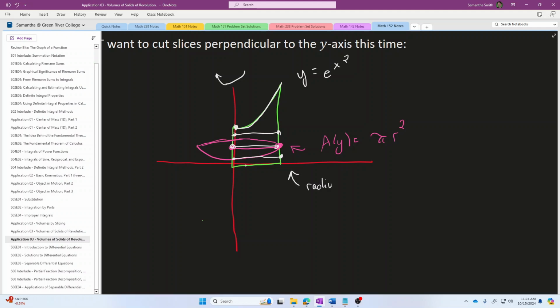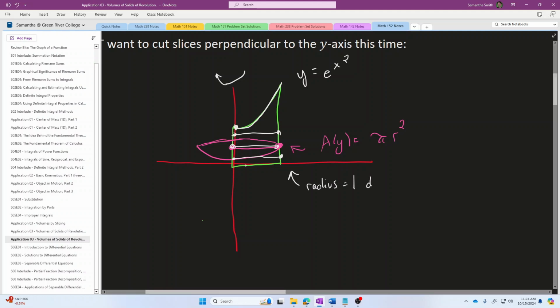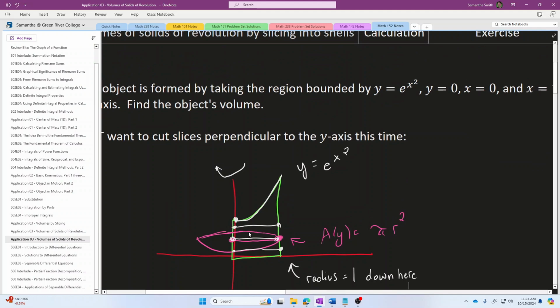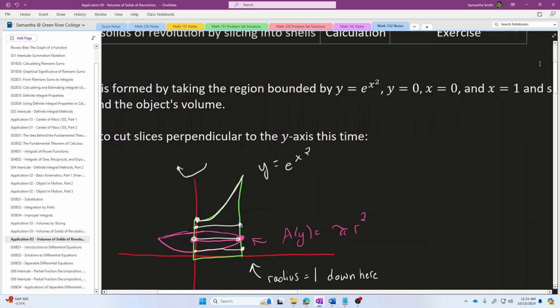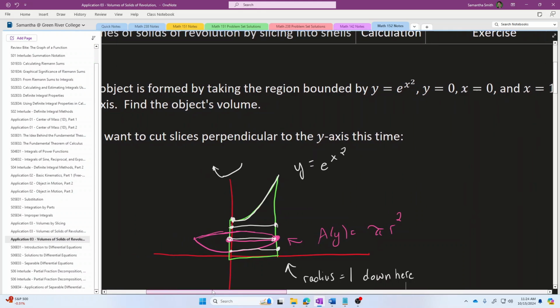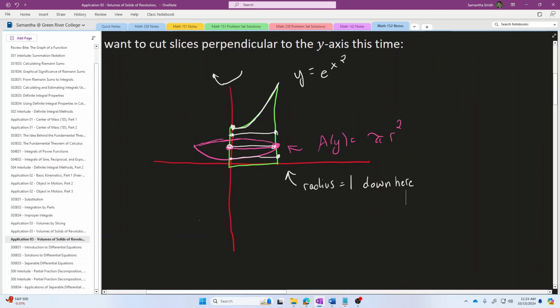The radius equals 1 down here. That's because for all of these slices taken toward the bottom of the region, the slice extends from the center of the picture, the central axis, over to this value here of x equals 1. And so the length of that segment would be the distance between 1 and 0. And so all of those slices would have a radius of 1 unit precisely.